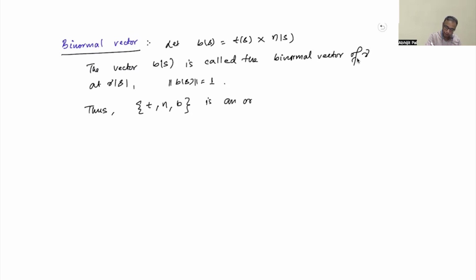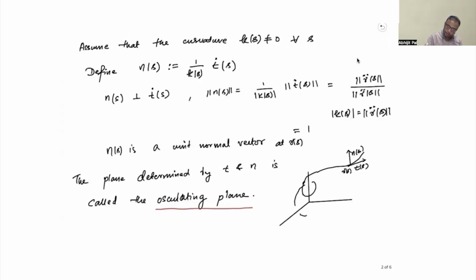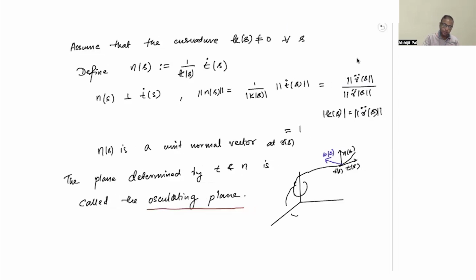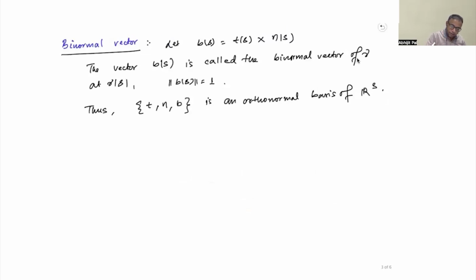Going back to this picture, I have another vector which is perpendicular to this osculating plane. This is my binormal vector. So at each point gamma(s), we have these three orthonormal vectors.